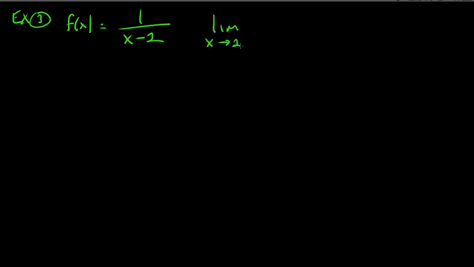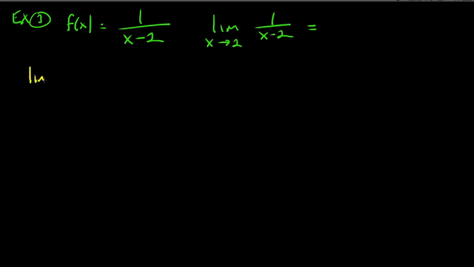Okay, let's do another example. Suppose I'll go back to f of x, I guess. F of x is 1 over x minus 2. And we want to evaluate the limit as x approaches 2. So what is that limit?